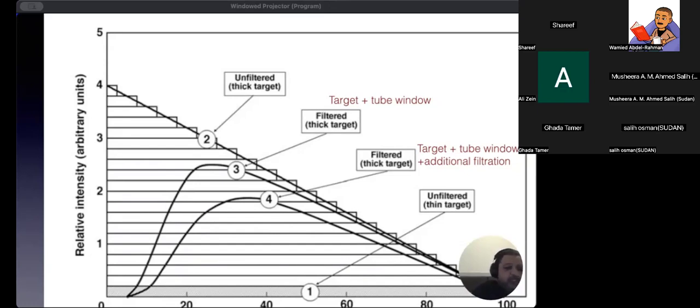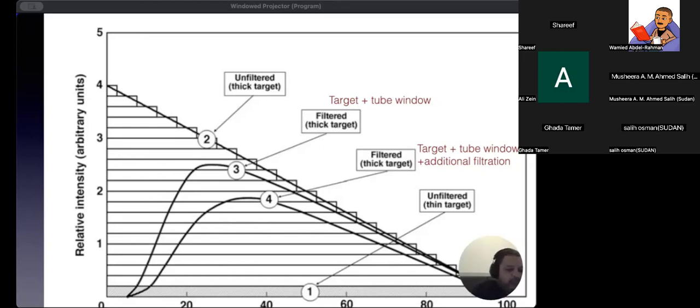What's really interesting is that whenever you have filtration, although we're decreasing the overall energy fluence, we're increasing the mean energy of the beam. So for the unfiltered, the mean energy is going to be about 1/3 of the maximum, so probably around 33 keV. For the filtered, the average energy is going to be a little bit higher than that, and one needs to integrate this energy fluence density curve to get the mean energy.